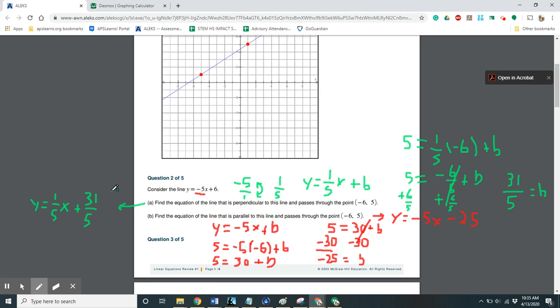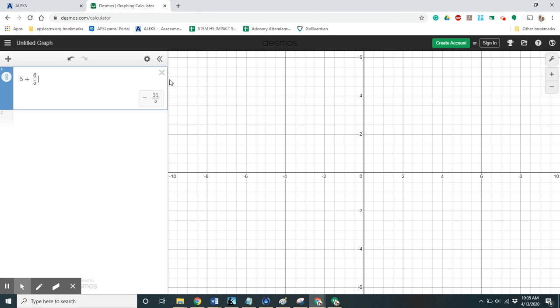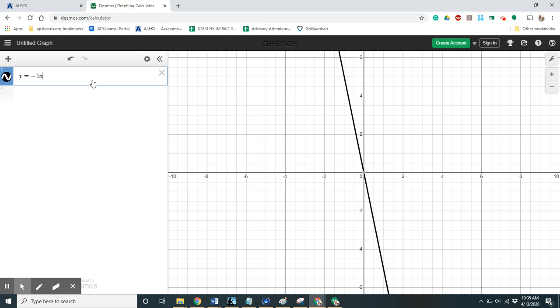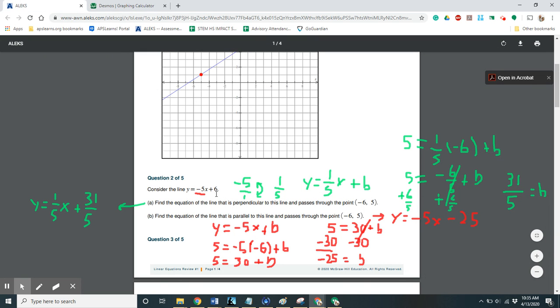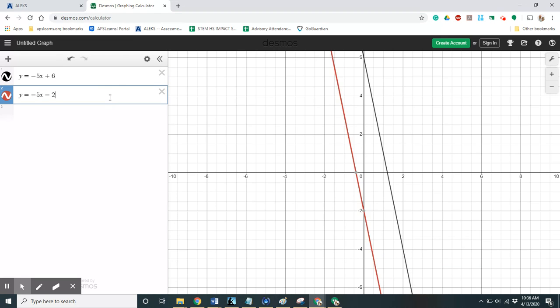All right, I'm going to check my work here. So I'm going to plug in the original line, y is equal to -5x plus 6. I can plug in my parallel line, y is equal to -5x minus 25.